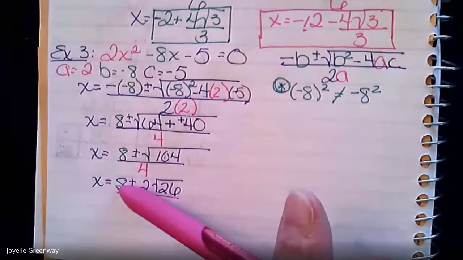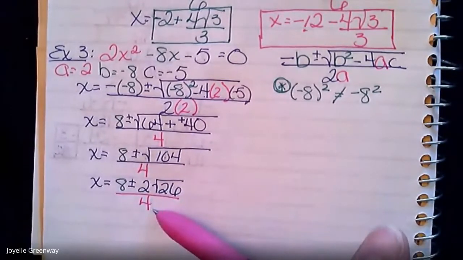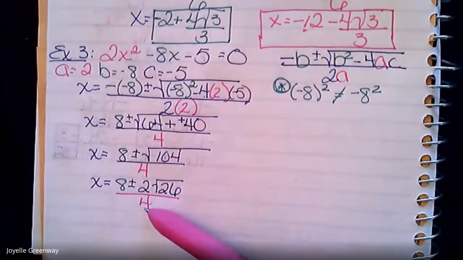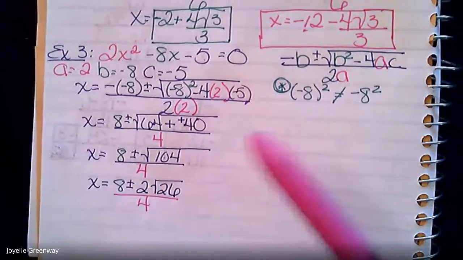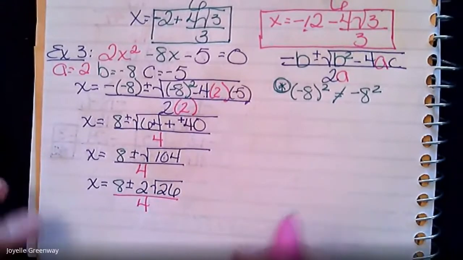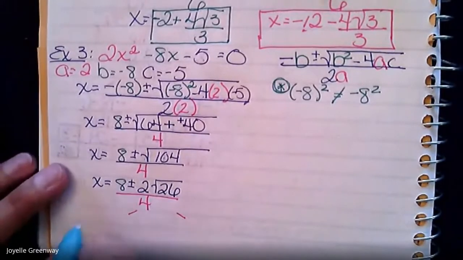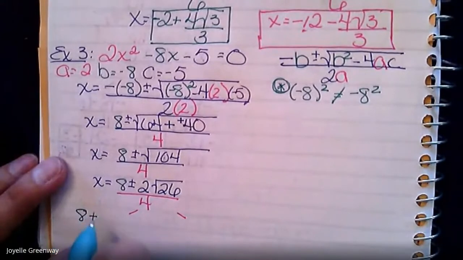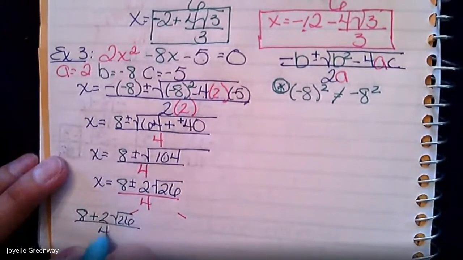And I get 4, and then just the square root of 26 over 2. Because remember, that's 8 divided by 4 and 2 radical 26 divided by 4. So when I break that up, I get x is equal to 8 plus 2 radical 26 over 4.